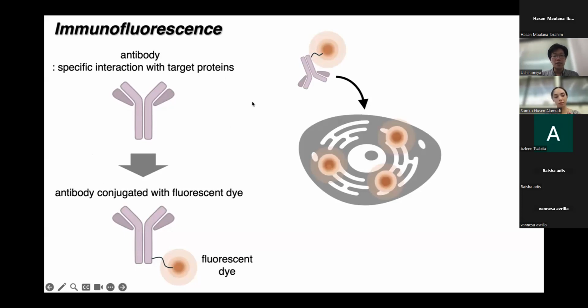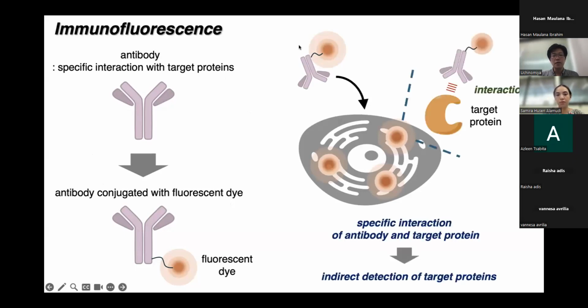And we can observe the fluorescence spots. In each spot, this antibody specifically interacts with target proteins. So that's why we can detect where the protein is.